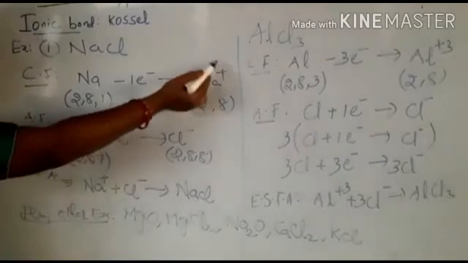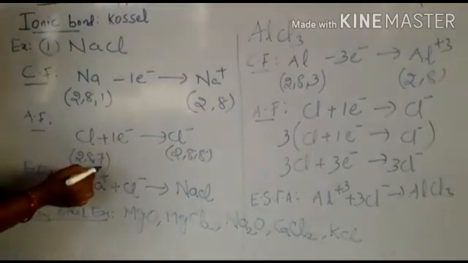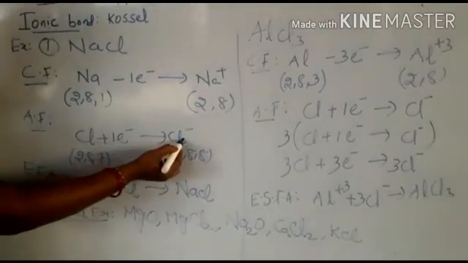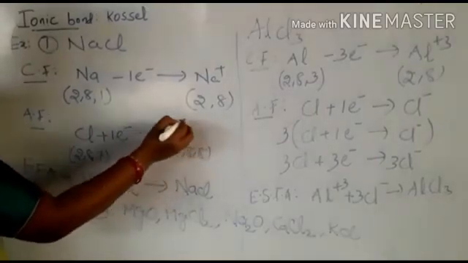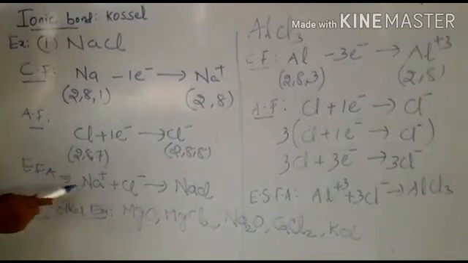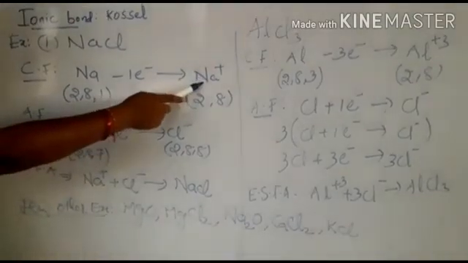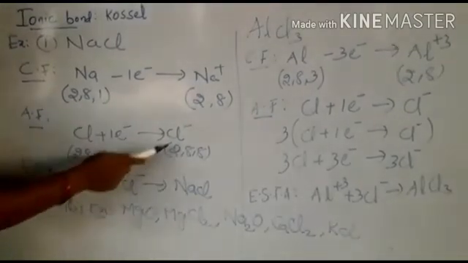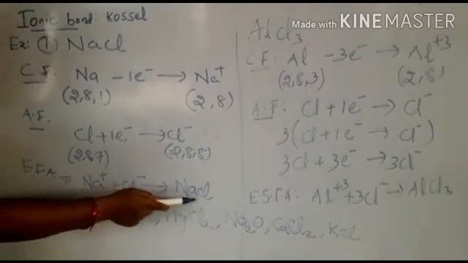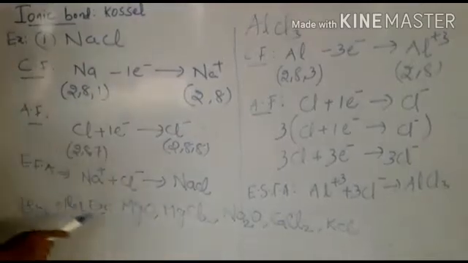Then anion formation: the chlorine atom with 2,8,7 configuration takes 1 electron to get 8 electrons, forming the Cl minus anion. The electrostatic force of attraction between the Na+ cation and the Cl minus anion gives the NaCl compound with ionic bond formation. I think you understood, students.